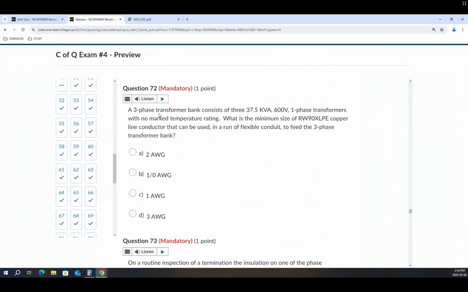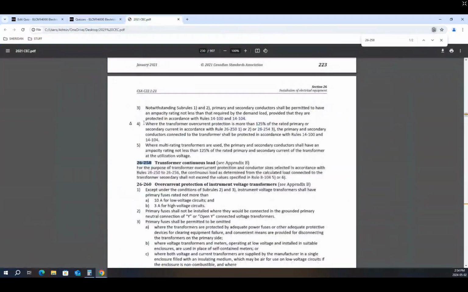Transformer continuous load, purpose of overcurrent protection.